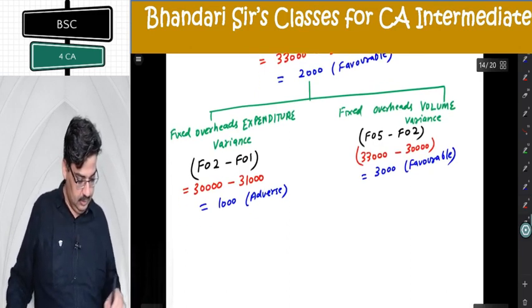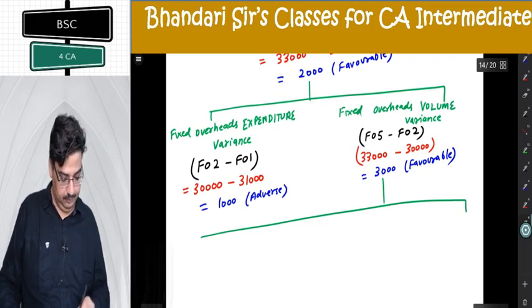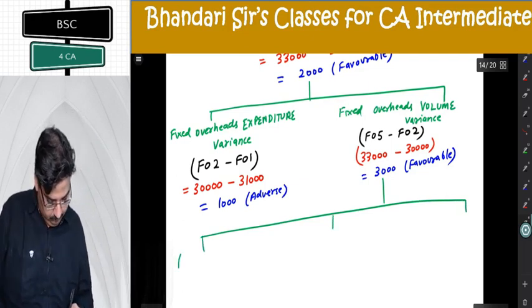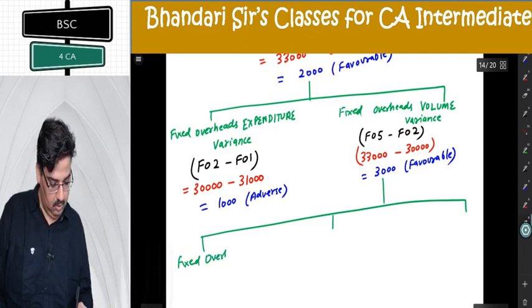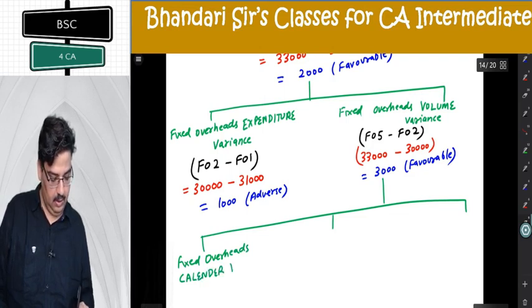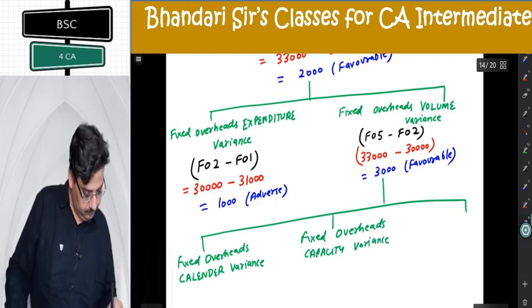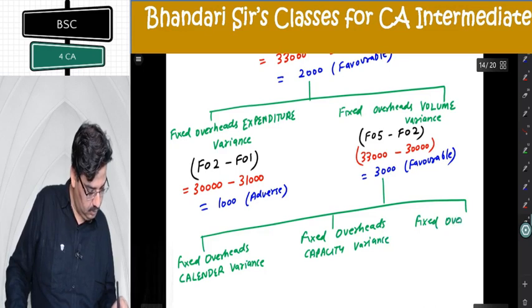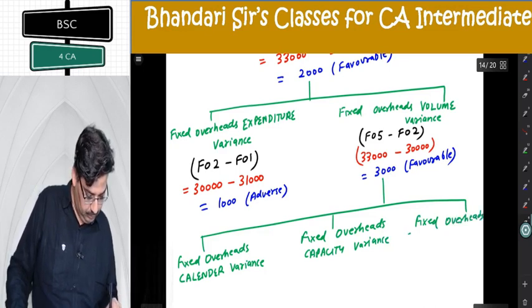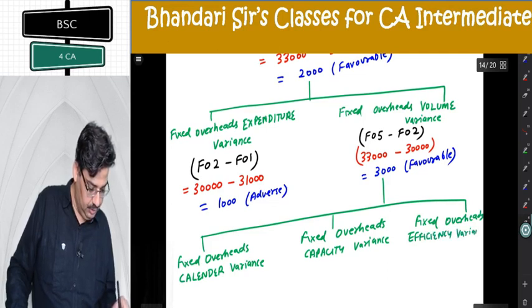Under volume variance, there are three categories further. Fixed overheads calendar variance, fixed overheads capacity variance, fixed overheads efficiency variance.